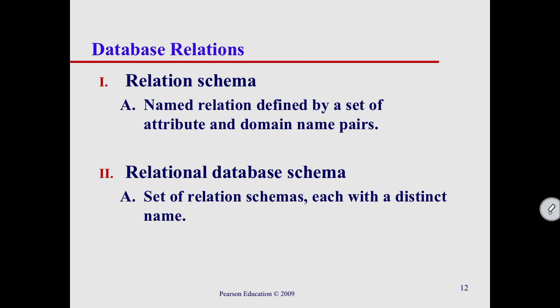So a schema is essentially type information about a relation. And then a relational database schema is the set of relational schemas for a database. So it's just the union of all the schemas. Okay, so the big word you have to remember here is schema, and know that's essentially the type declaration for a relation.